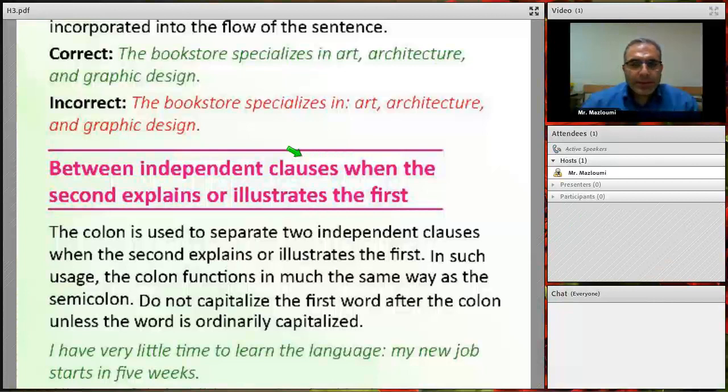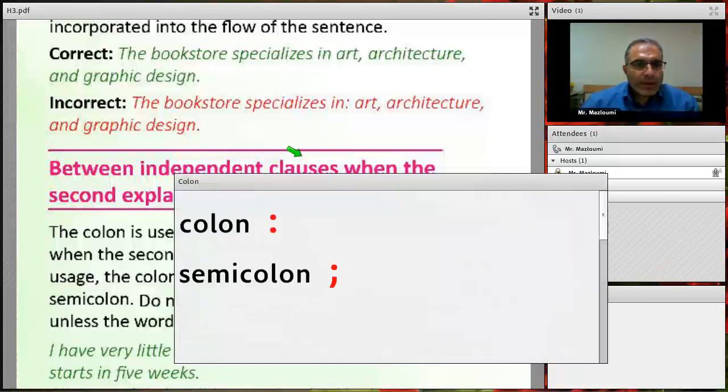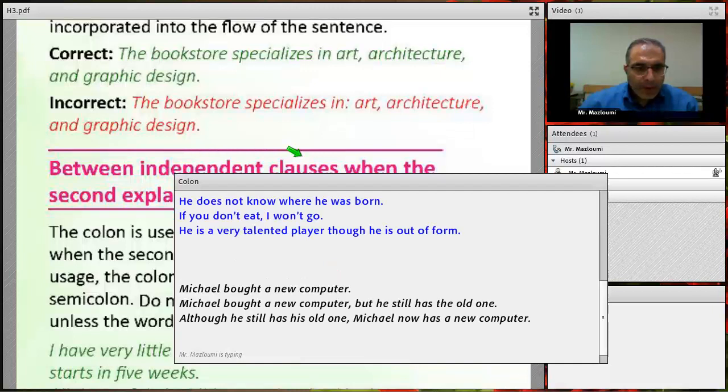So let's see. Well, everyone, what is a clause?